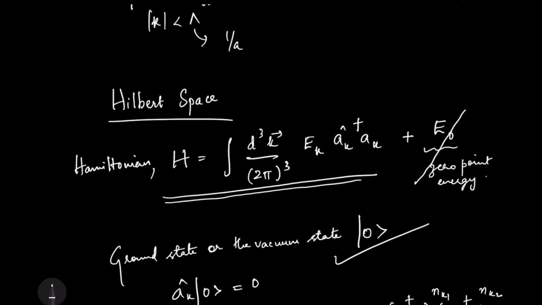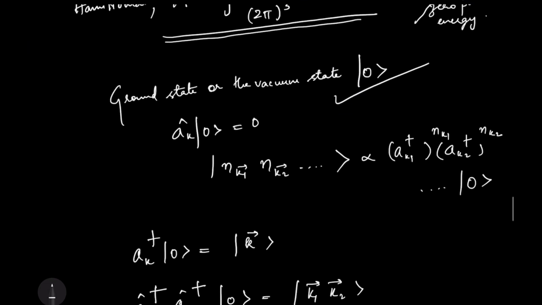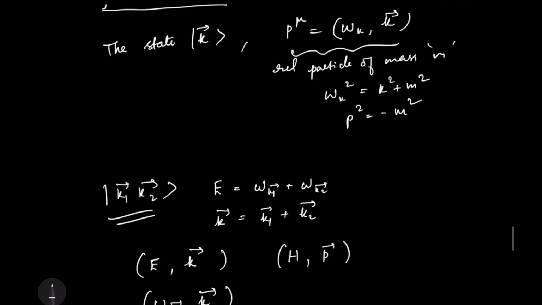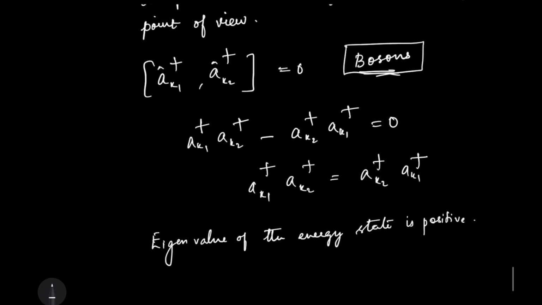This is a free particle theory, which means the particles do not interact with each other. The total energy of a state is the sum of energies of all the particles, so there is no extra energy or interaction, and that's why this is called the theory of free particles.